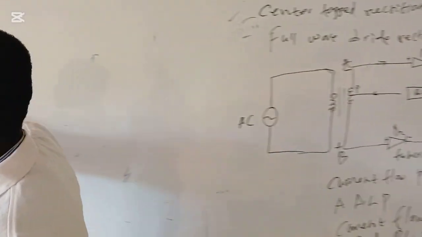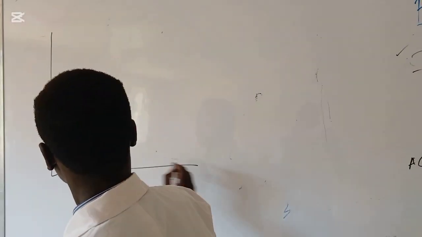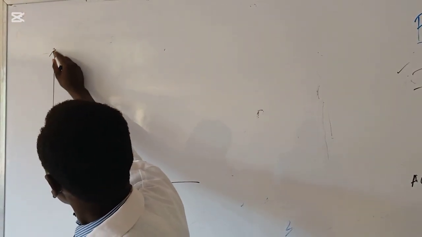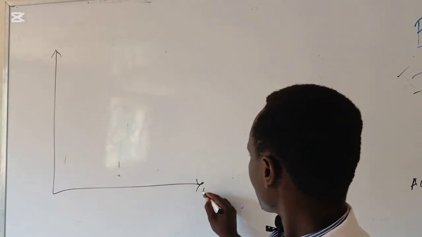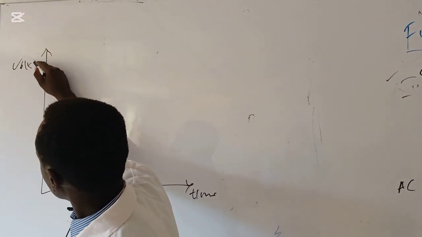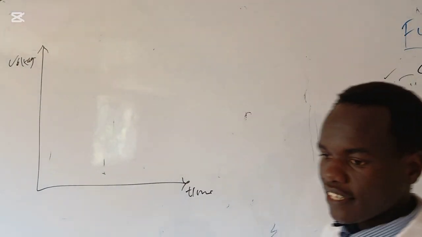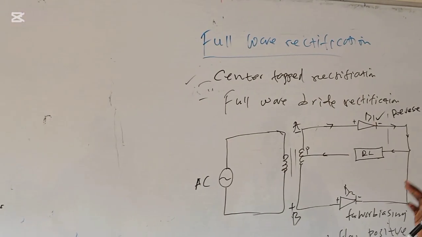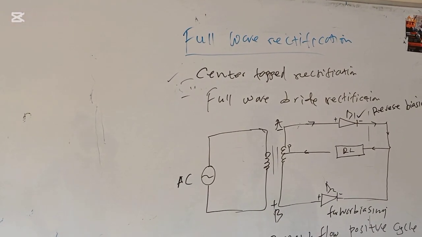We plot it against time, and this is the voltage. This rectifies the current in full wave.